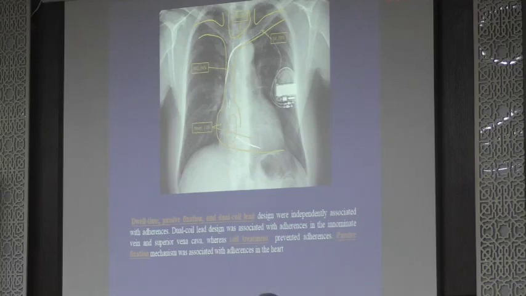It varies between patients, but depends also upon the implant time, the presence of dual coil ICD leads, and passive fixation leads. So we now opt to use active fixation ventricular leads and single coil ICD leads, or the newly developed coil leads like drug-eluted coil leads.